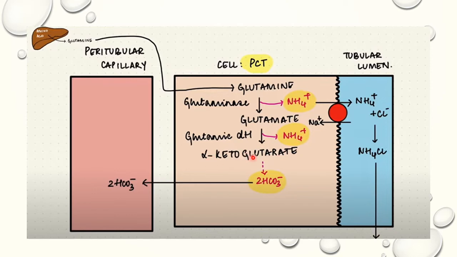Ultimately, the alpha ketoglutarate gets metabolized to give two bicarbonate ions, and this forms the bicarbonate reserve present in our body. This ammonium ion in the tubular lumen combines with chloride to form ammonium chloride and is excreted in the urine.